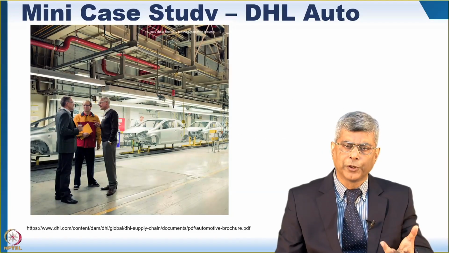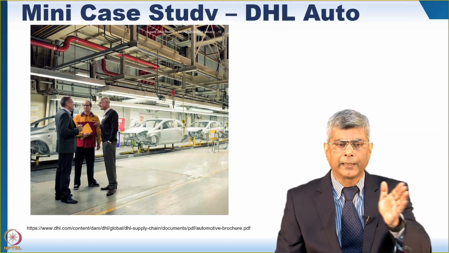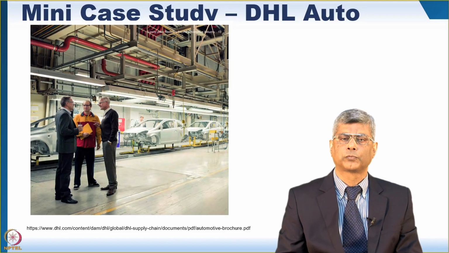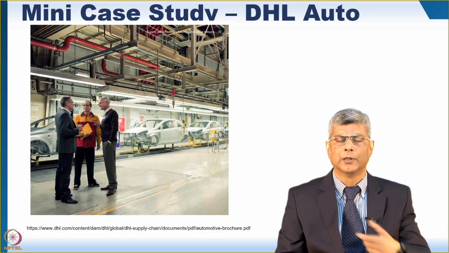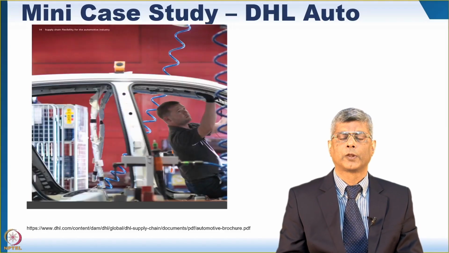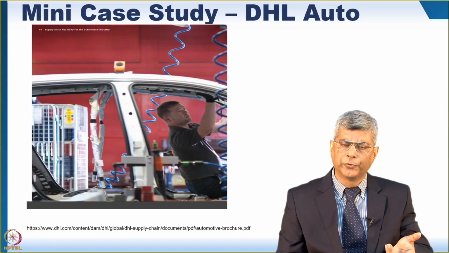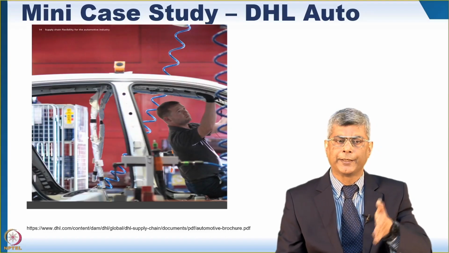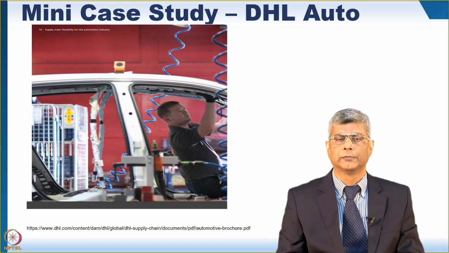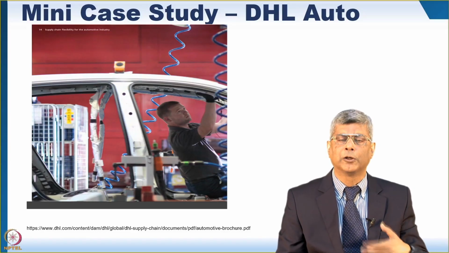And again, to give you case studies, this is what a typical assembly line of a car will look like. I'm using car as an example because it's a very sophisticated product and a very complex manufacturing process. Again, I told you before of how at every station, components are being fitted into the car, manually or by robots.